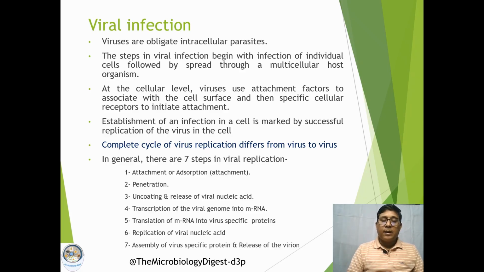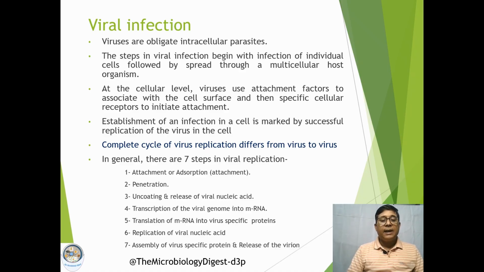We have already discussed this entire process in our discussion on virus replication. The viral infection starts with the infection of individual cells, and after establishment of the infection, the virus spreads through different systems or body fluids to different sites and tries to establish its infection.